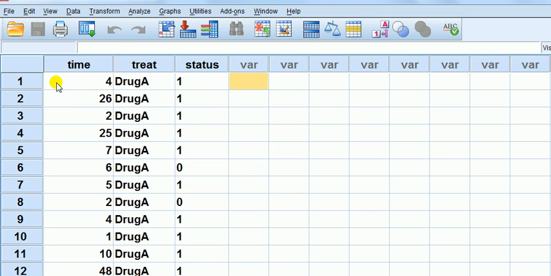So if we look at case 1 here, death at time 4, we don't know what the units are. It could be months, it could be years. And the status is 1, so the time recorded for that individual is actually the time of death. Whereas for case 6, the time, just coincidentally, is also 6, but this is coded 0 for status.